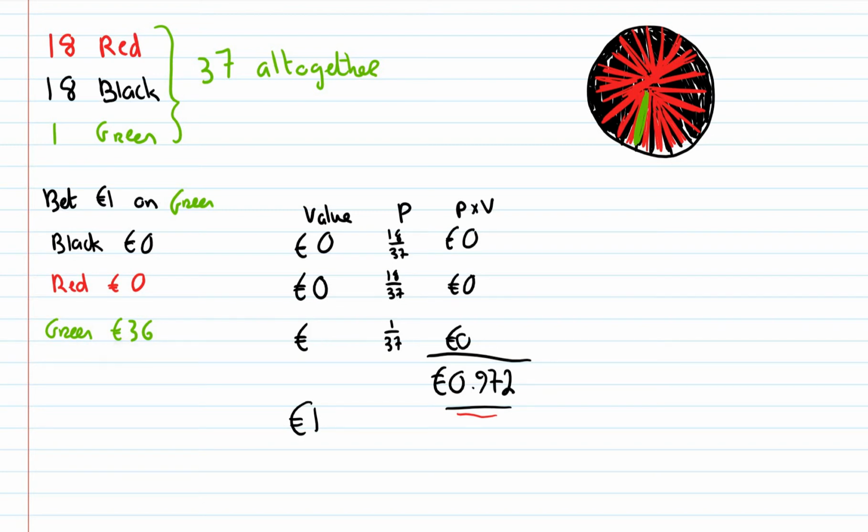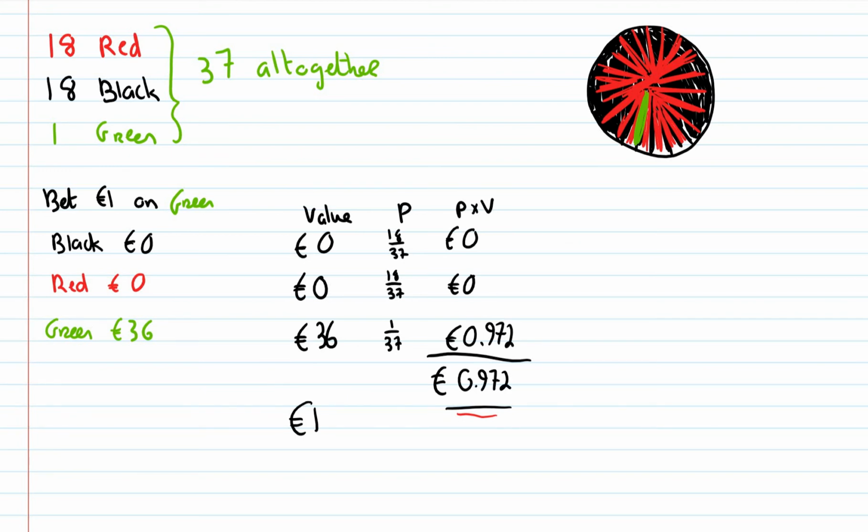But I get €36 if green comes up. Now, the probability of green coming up is 1 over 37, so we multiply that by 1 over 37, and we're going to get, you guessed it, 0.972.